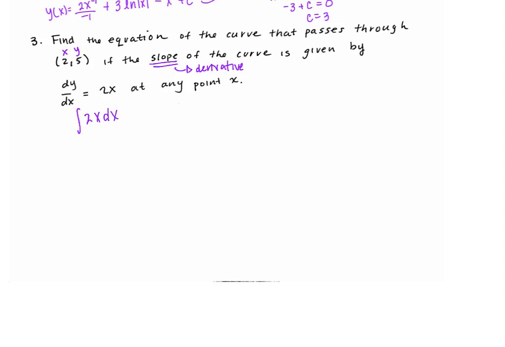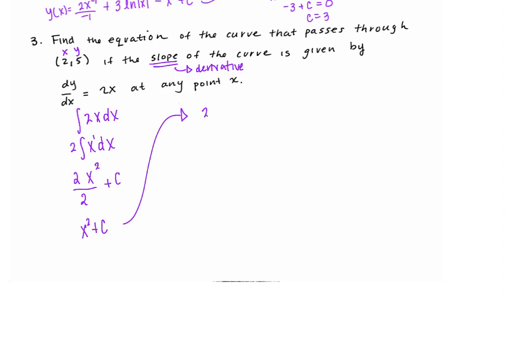So I'm going to take the integral of this. I can take out my constant. That's x to the 1. So I'm going to use my power rule. Add 1 to the exponent and divide by my new exponent. So that becomes x squared plus c. I'm going to solve for c.